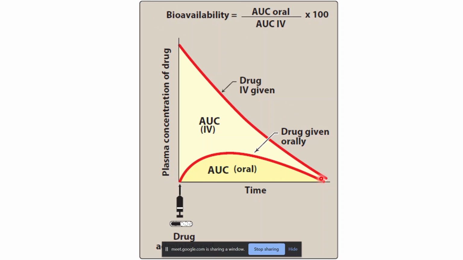Like 100% bioavailability means that it is intravenous injection. But oral bioavailability usually is less than 100%. A good bioavailability is 90%, and the bad is about 40%, and normal is somewhere in between.